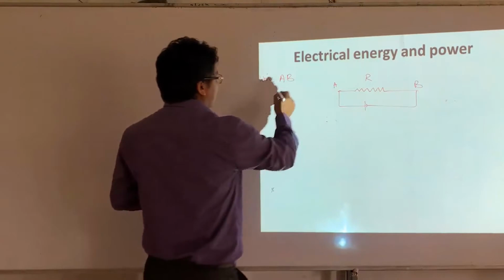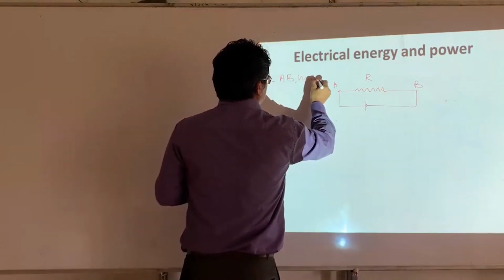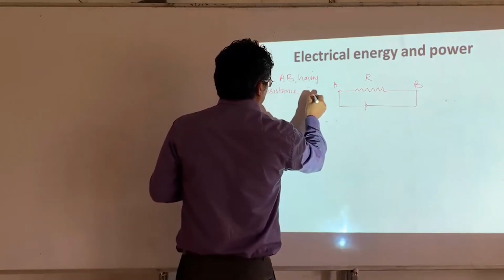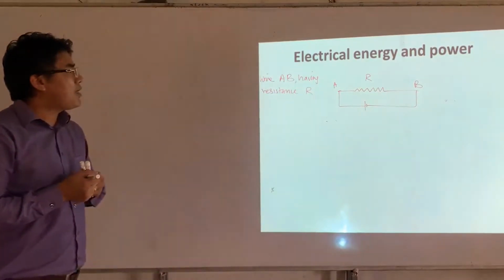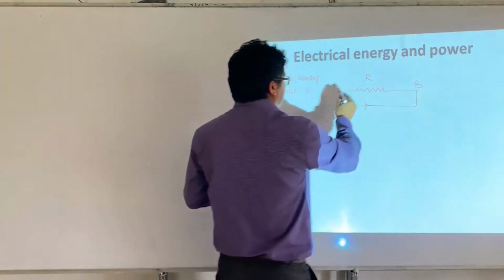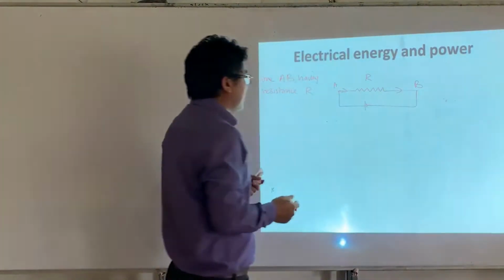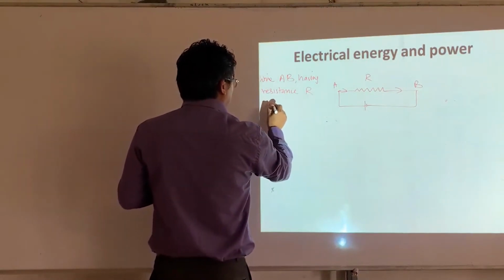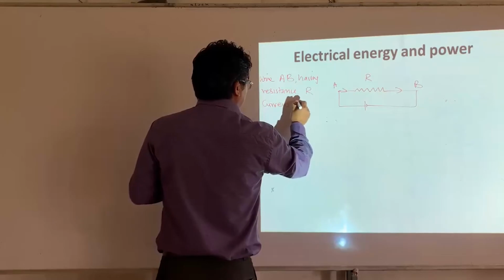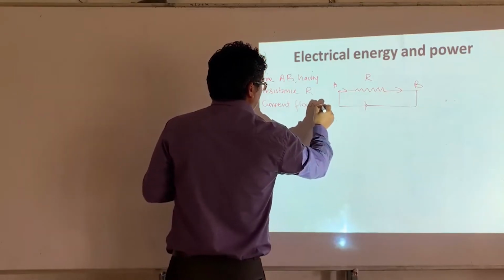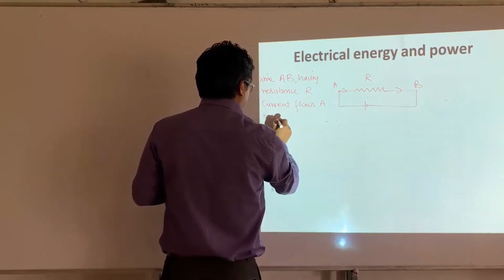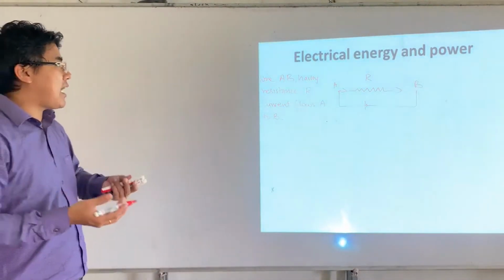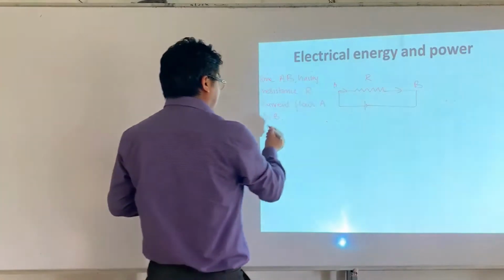Wire AB has resistance R, and there will be a current like this. Current flows from A to B. So we would say that A is at higher potential and B is at lower potential.